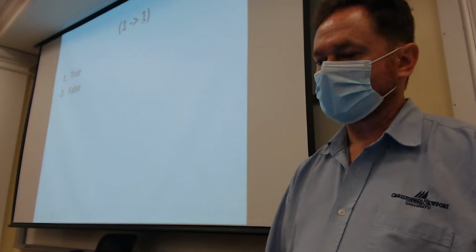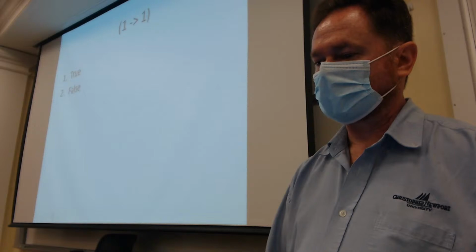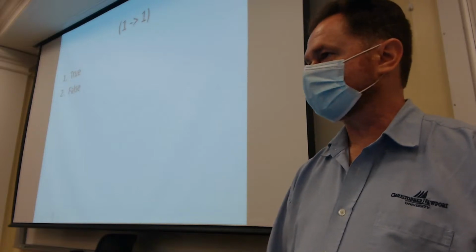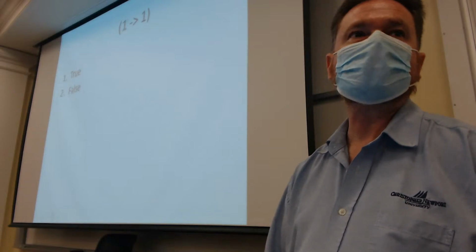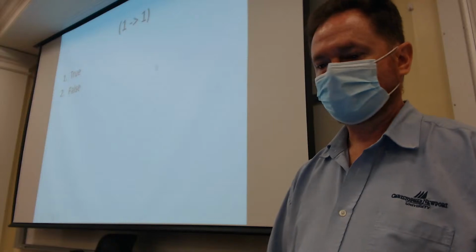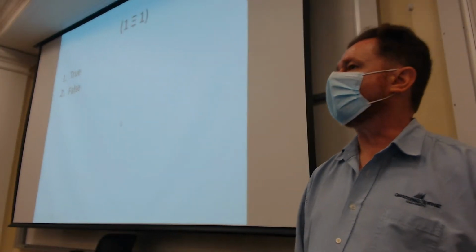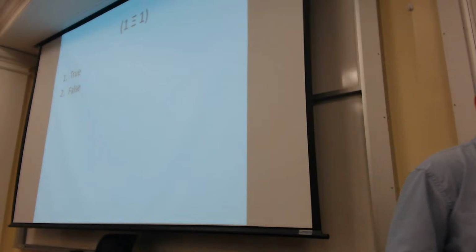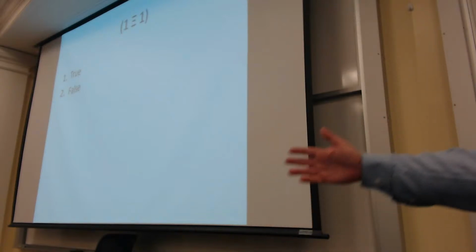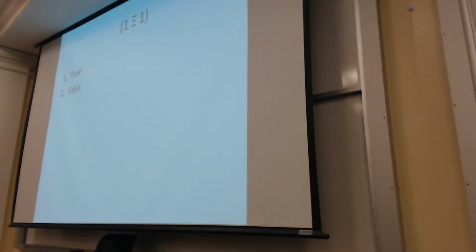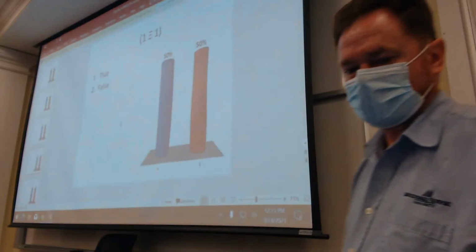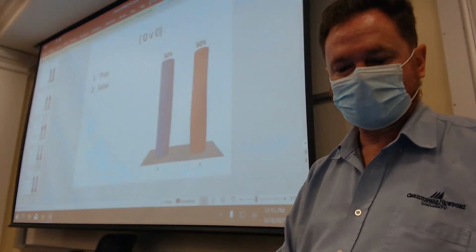Another way of thinking about it is anytime the right side is true, the arrow is true, or anytime the left side is false, the arrow is true. There are multiple ways to think of it, but good. 1 triple bar 1. The value of 1 triple bar 1 is true. All right. I think they've got it.